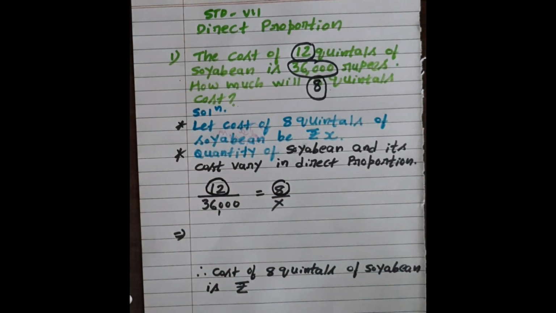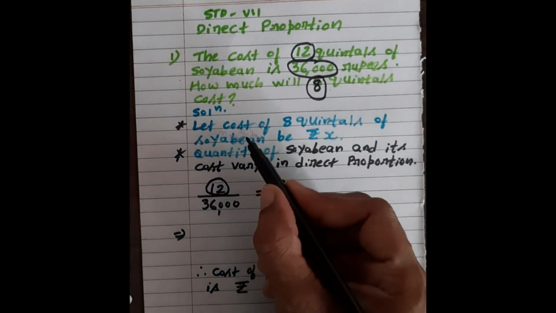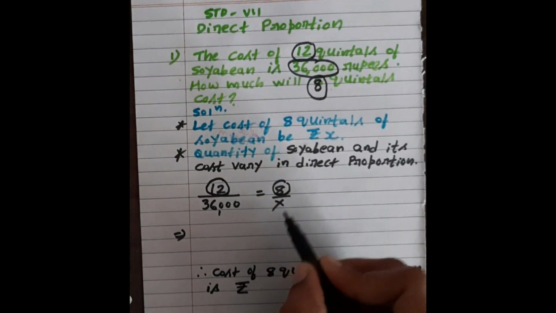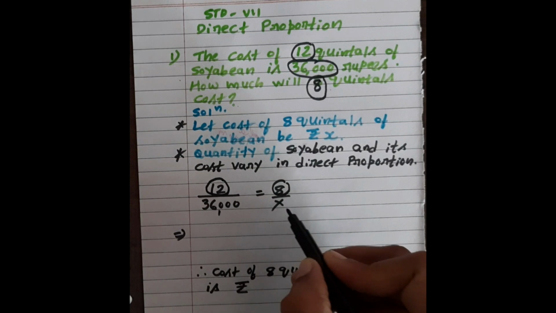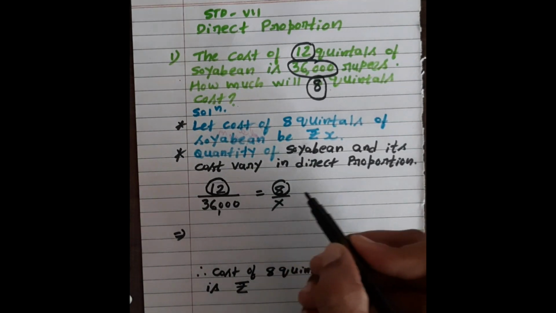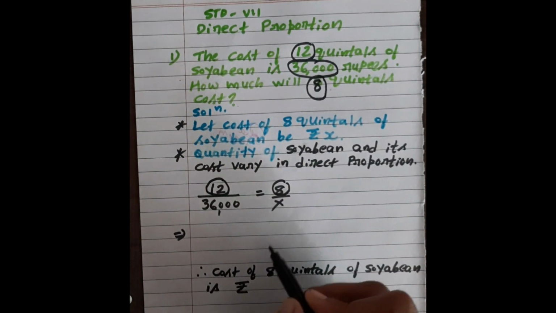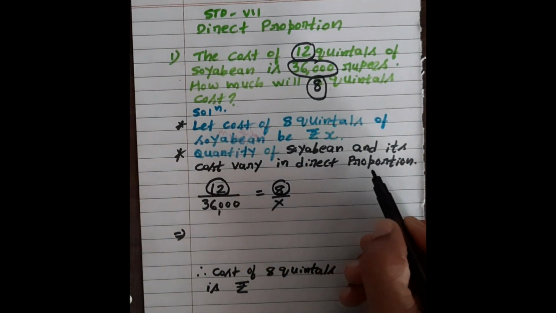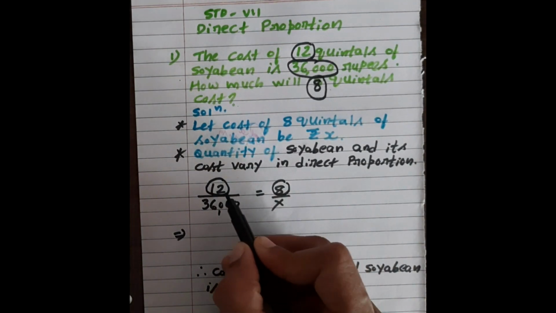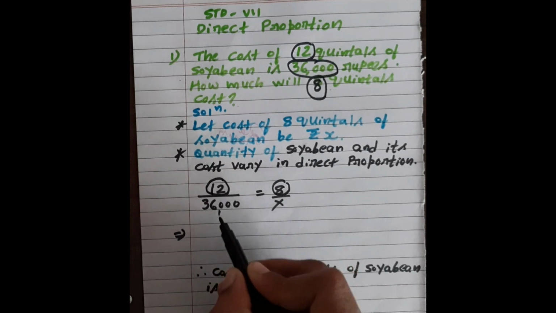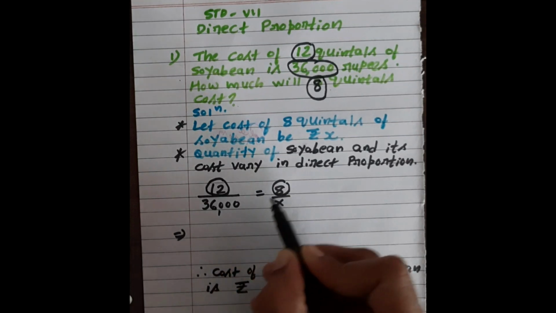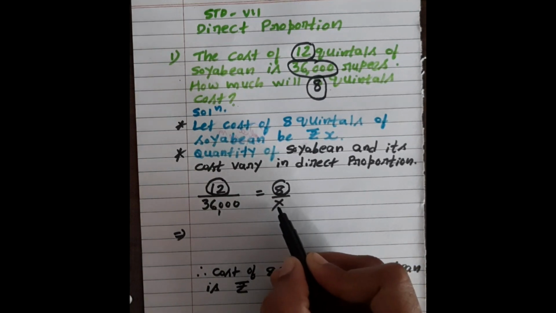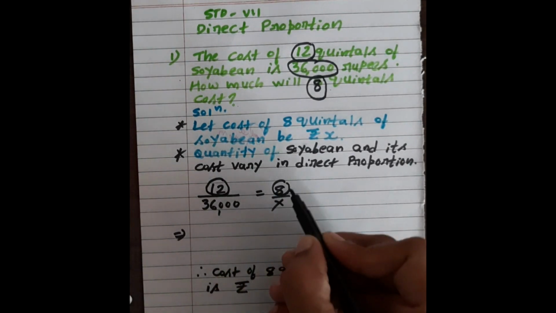Okay, so the statement written here: cost of 8 quintals soybean will be x. Quantity of soybean and its cost vary in direct proportion. I already told you 12 quintals soybean cost is 36,000 rupees, so the cost of 8 quintals is coming a little bit less because 12 is more than 8.